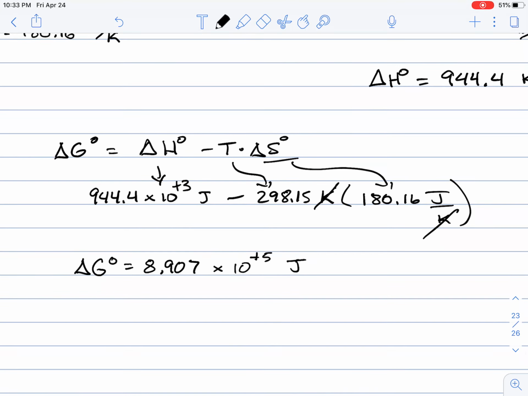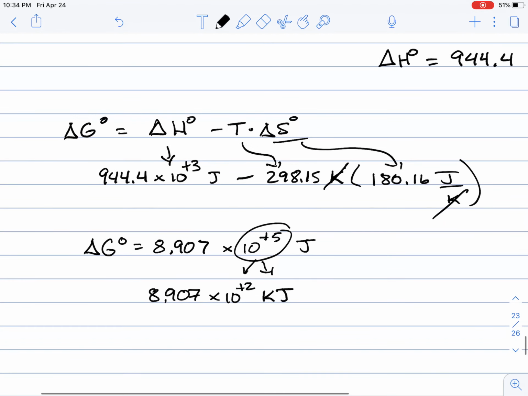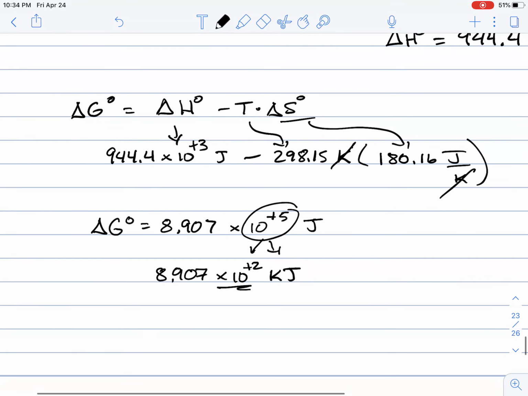If I wanted to convert this into kilojoules, I can do so by taking out a times 10 to the positive 3. If I wanted to expand this, it'll be 890.7 kilojoules.